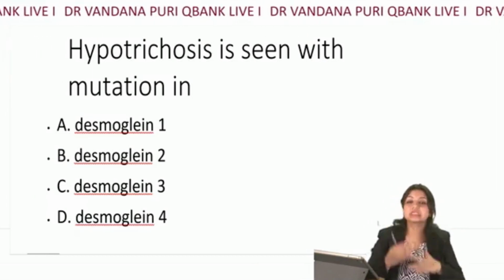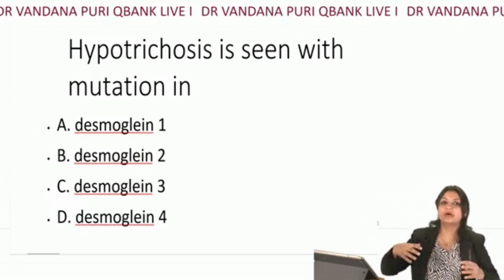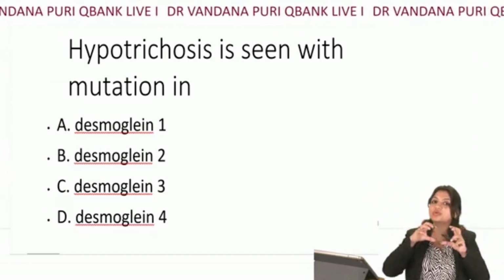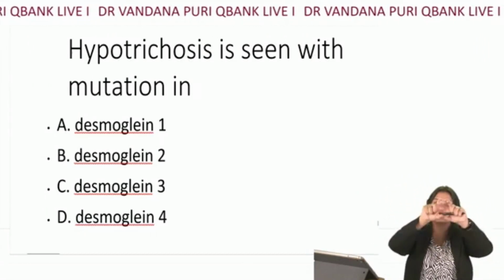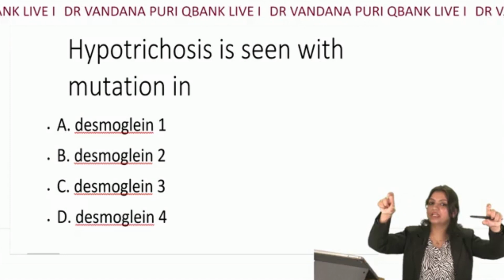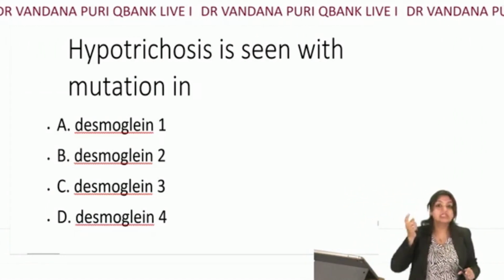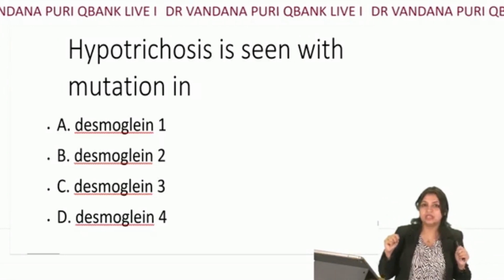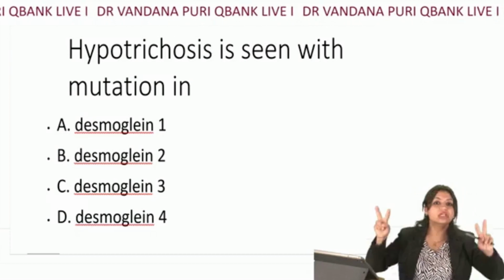When we talk about skin, the lower part of the epidermal cells are joined to each other by desmoglein 3, whereas the upper part of the epidermal cells are joined by desmoglein 1. Hair contains desmoglein 4, and heart contains desmoglein 2.